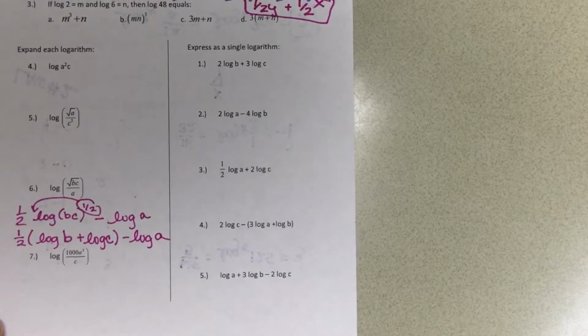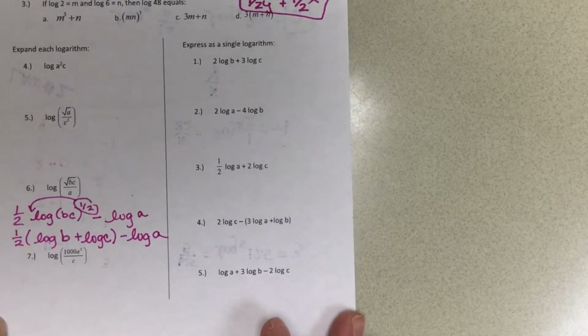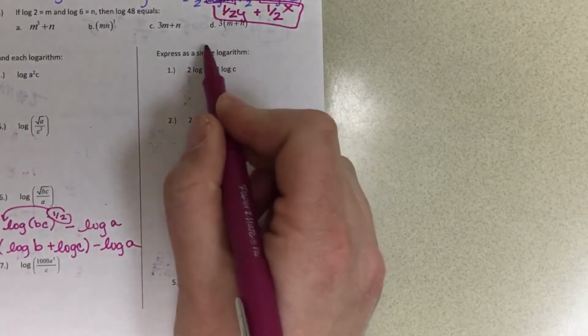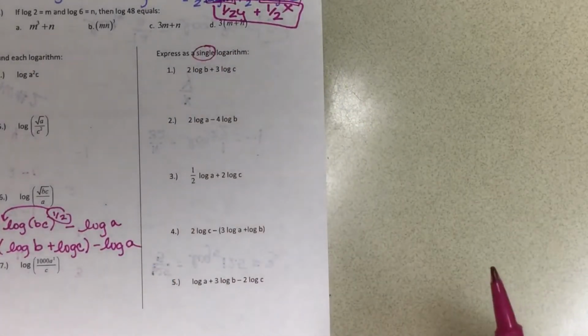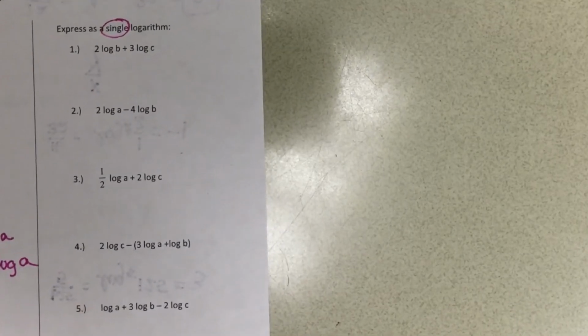So, and last but not least, we are going to do some condensing. So notice the word here in the directions, single logarithm. So what that means is, if you're looking for a single logarithm, your answer should have 1 log in it. So let's take a look at number 2 first.